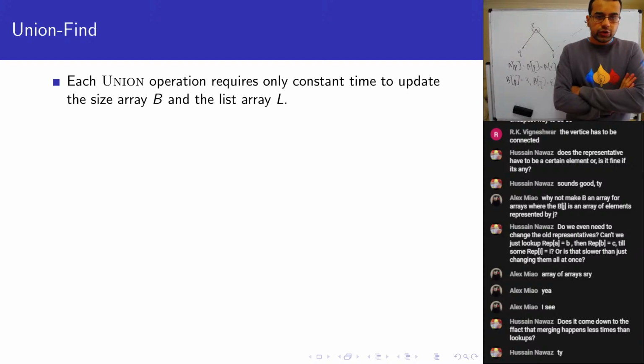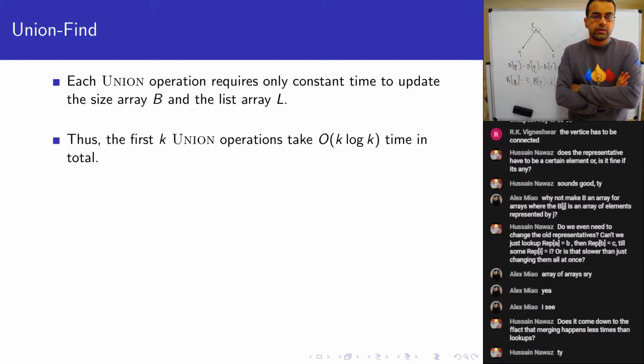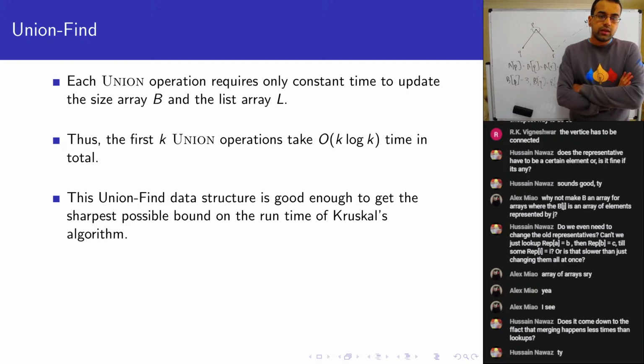So yeah, each union operation requires only constant time to update the size array and the list array. And the first k union operations take k log k time on the updates to the label array. So that's the dominant term. So the first k union operations take k log k time in total.